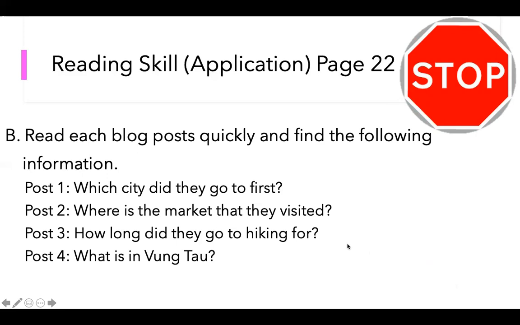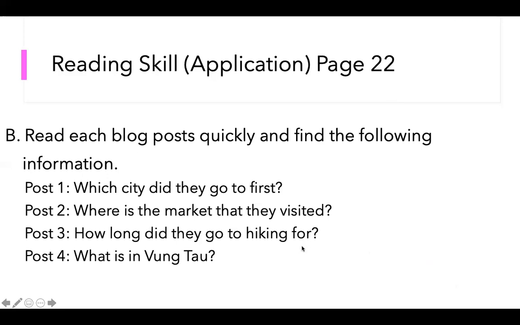Okay, good job. I hope you have done that as well. Let's see, post 1. Which city did they go to first? They went to Ho Chi Minh City in Vietnam. You can find the answer in line 33 of your passage. Similarly, question 2: where is the market that they visited? They visited Cologne, that's a market in Vietnam.